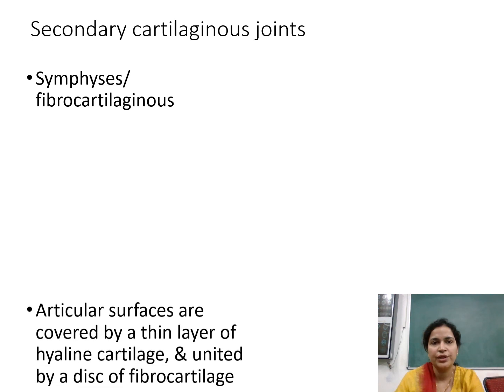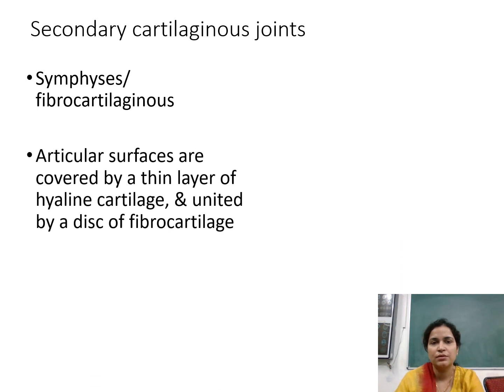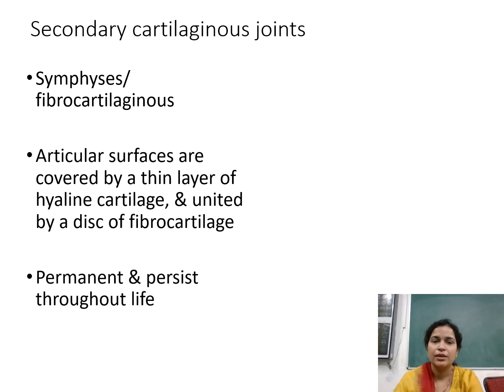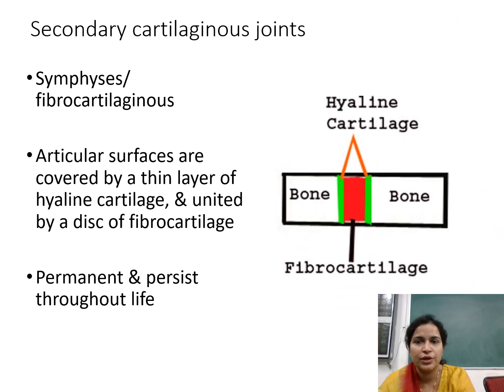Symphysis types of joints are also called fibrocartilaginous joints. Articular surfaces are covered by a thin layer of hyaline cartilage and united by a disc of fibrocartilage. They are permanent and persist throughout life, and these are the secondary cartilaginous joints.